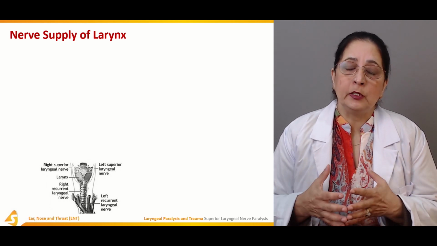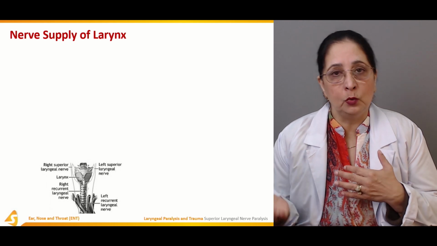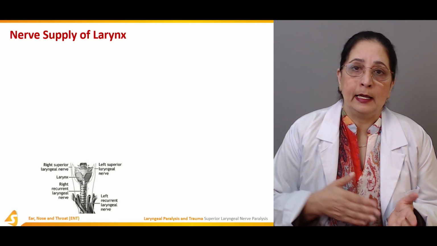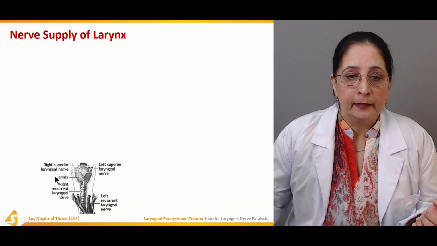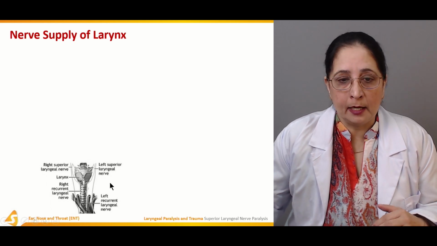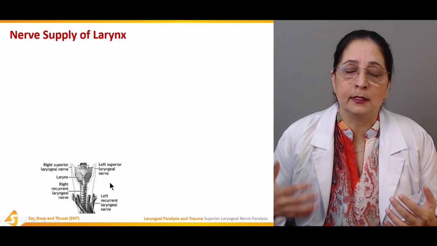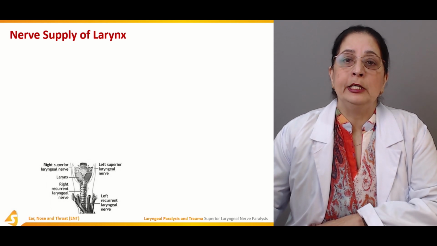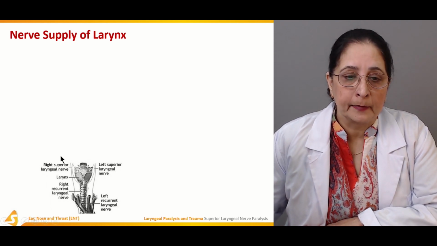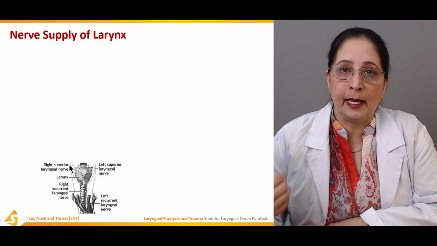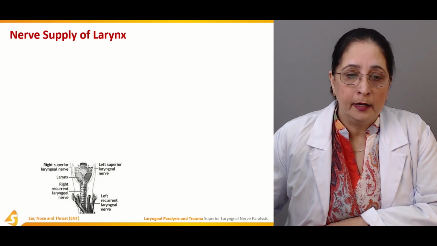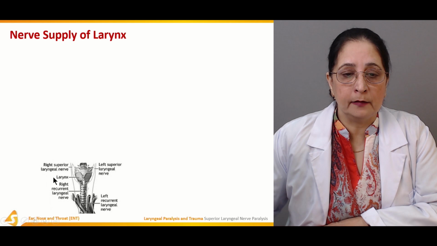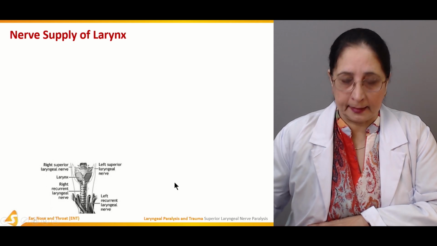So a paralysis of these nerves can lead to unilateral or bilateral, because they are on the right side and on the left side. So whatever side is affected will lead to the paralysis of that side. So superior laryngeal and recurrent laryngeal nerves are the main nerves that supply the larynx.